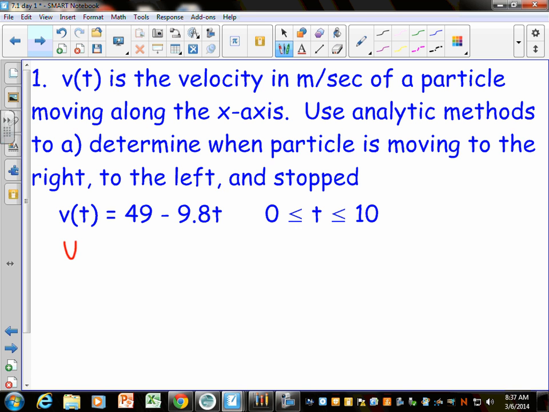So we could just solve this equal to 0. 0 equals 49 minus 9.8t.